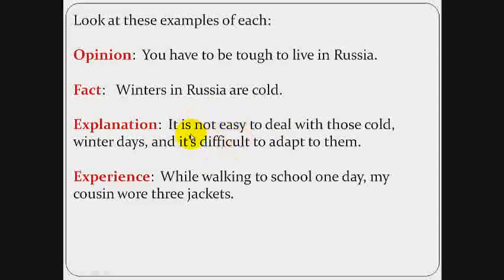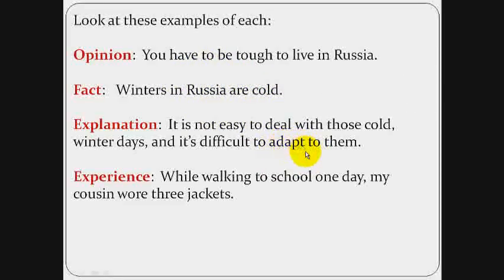It details the topic sentence, the point of view of the writer, why it's hard to live in Russia, because it is not easy to deal with those cold winter days, and it is difficult to adapt to them. Therefore, in winters, the climate in Russia is very cold.